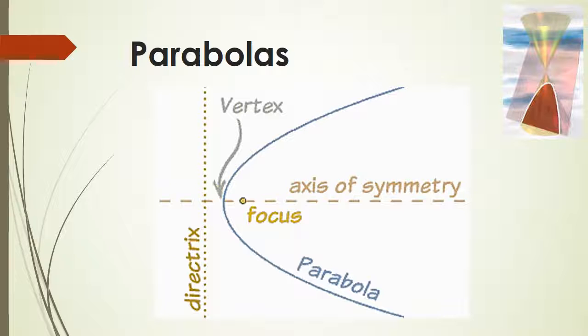The focus and the directrix, neither of those lie on the parabola itself. The vertex, which remember is the turning point of the parabola, is exactly halfway in between the point and the line. And then the axis of symmetry, which we've talked about before, runs through the focus and through the vertex, and it is perpendicular to the directrix.